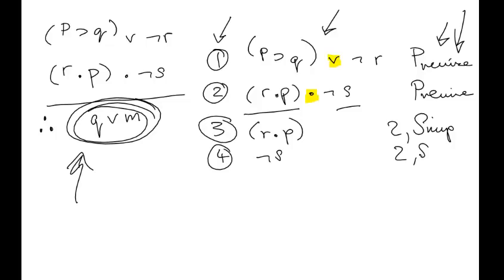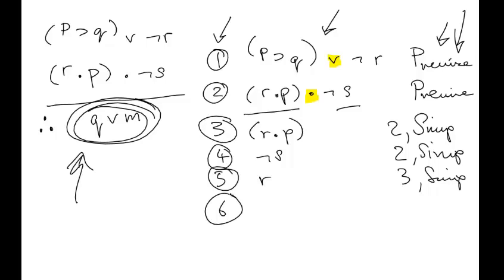That's also from line 2 by simplification. It turns out there won't be any need for me to do that, but that's all right. Line 5, what have I got here? I've got R and P on line 3. And so I can say R from line 3 by simplification.